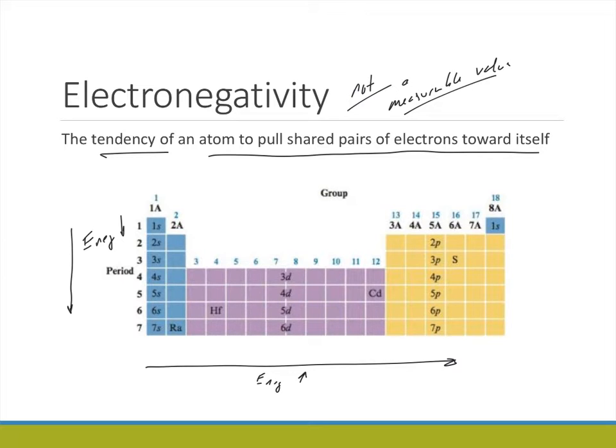Now, that would make you think that culminating in group 8A, that would be the most electronegative. However, these guys are excluded since this is pulling a shared pair of electrons toward itself. These guys don't usually bond. Okay? So we kind of exclude the noble gases. That means fluorine here is the most electronegative atom.